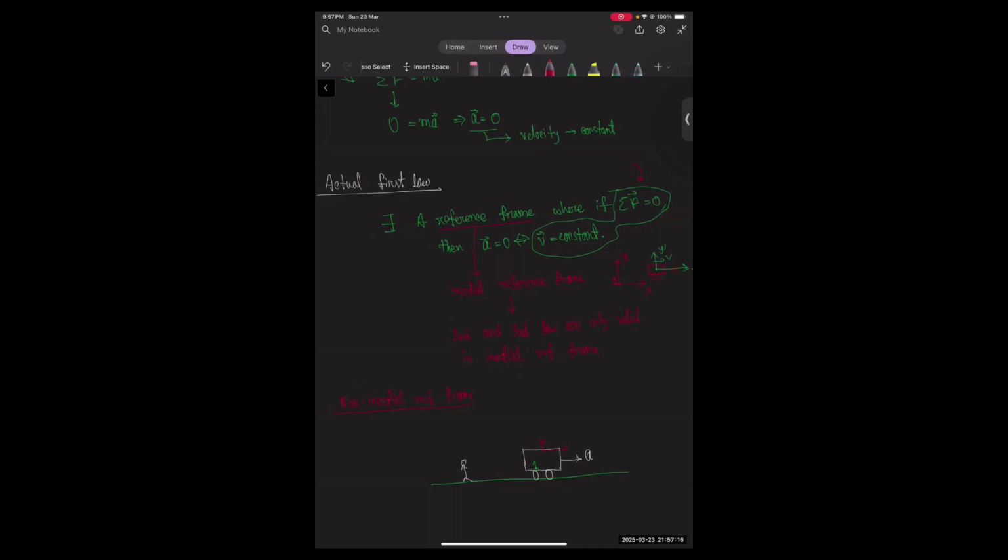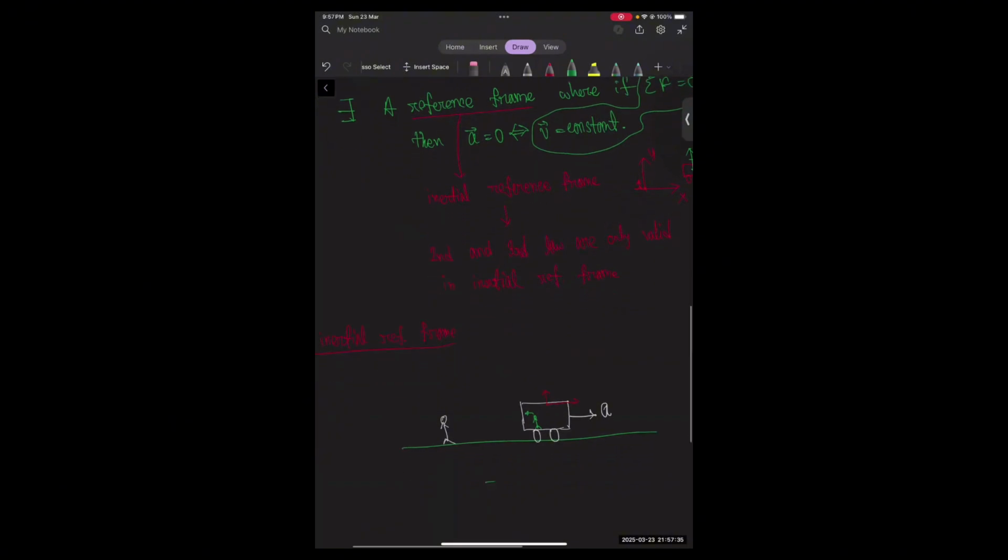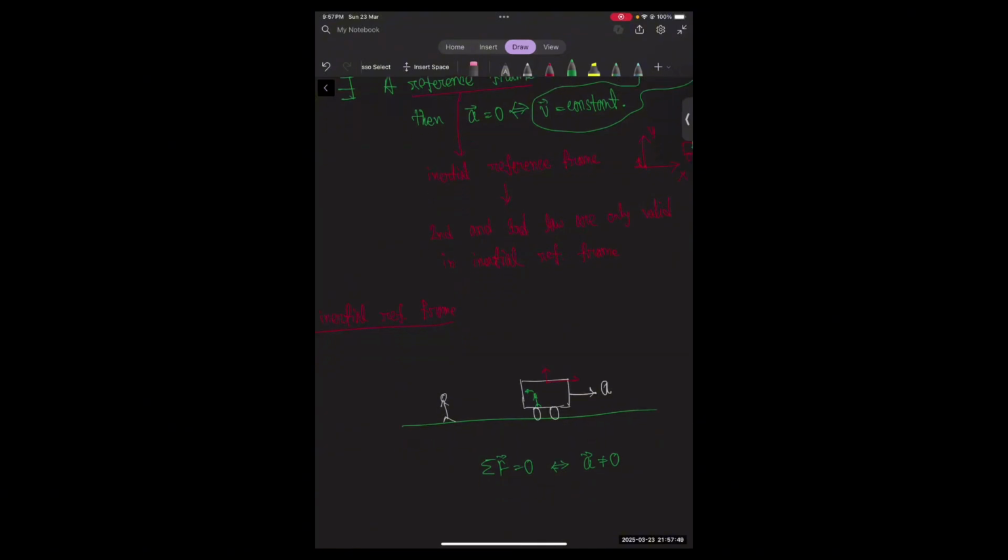Is there any force acting on him? The guy inside the car, there is actually no force acting on him. He doesn't experience any force. However, still, সে যখন গাড়ির মধ্যে দাঁড়ায় আছে, with respect to the car, he feels an acceleration in the backwards direction. So he says, okay, my net force is 0, but my acceleration is not 0. I'm still moving to the back. So this is an example of a non-inertial reference frame.